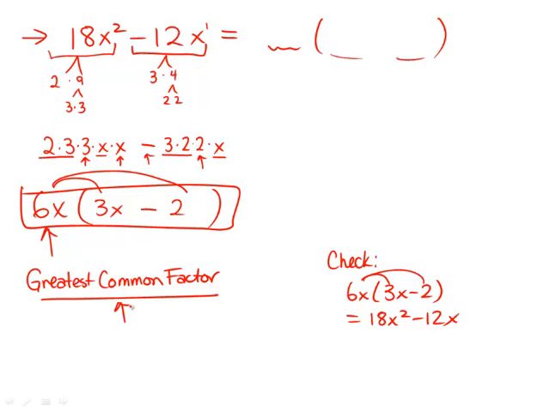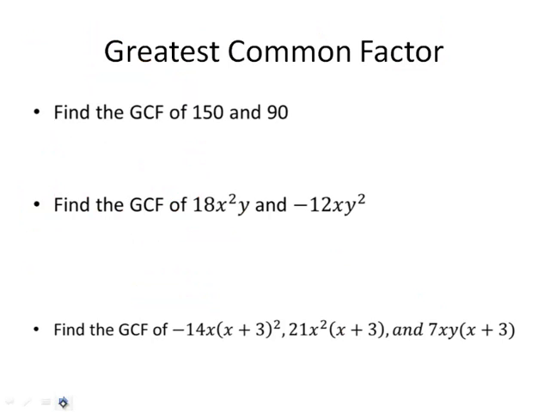Let's focus a little more on the greatest common factor. These examples here are asking us to find the greatest common factor. This is a preliminary step before you begin to factor the greatest common factor out in front of the bracket. So here all they're asking for is just the greatest common factor.